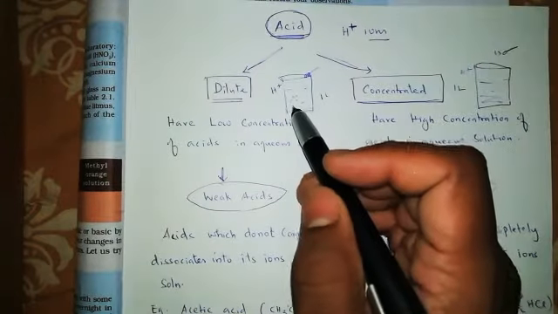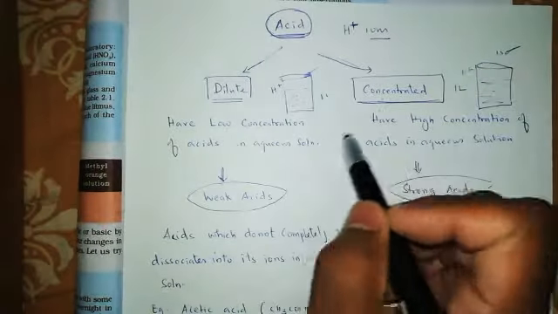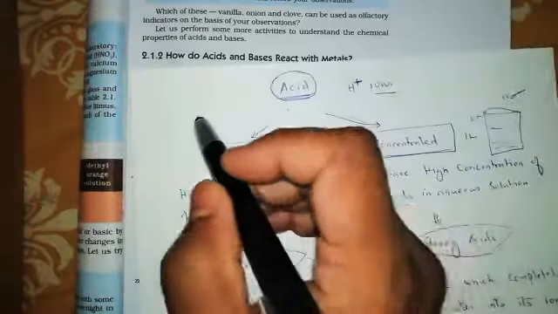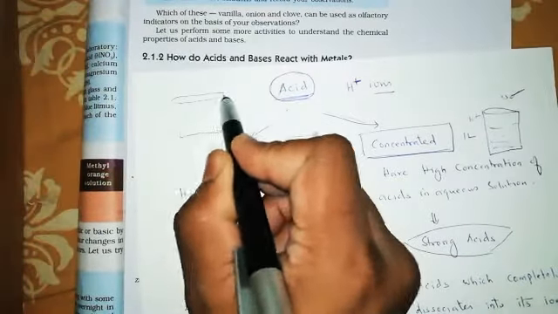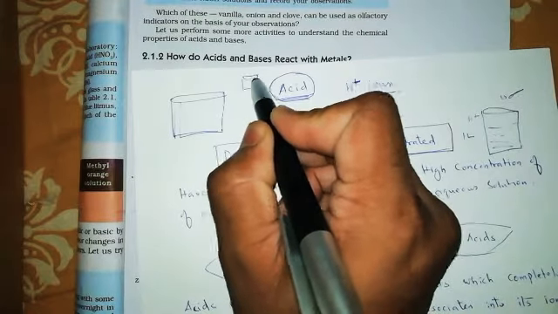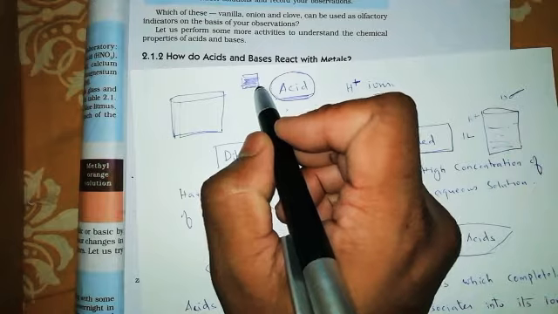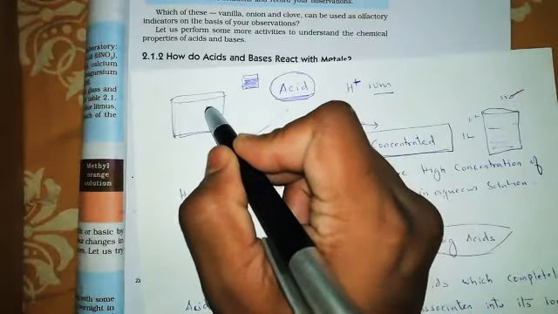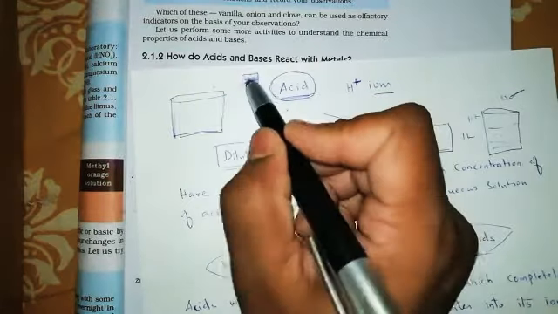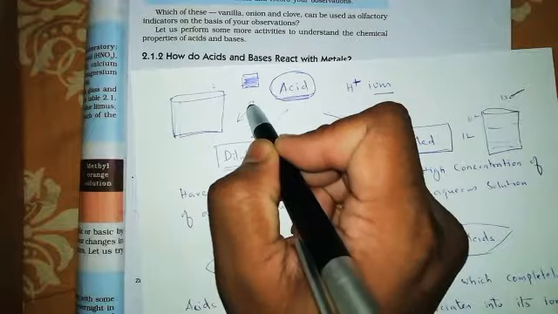We need to know one more very important thing about acids: the dilution of an acid. How to dilute an acid? Take an example. If I have a beaker of water and I have a concentrated acid with me, full of strong acid, can I pour water into the acid or acid into the water? This makes a lot of difference.